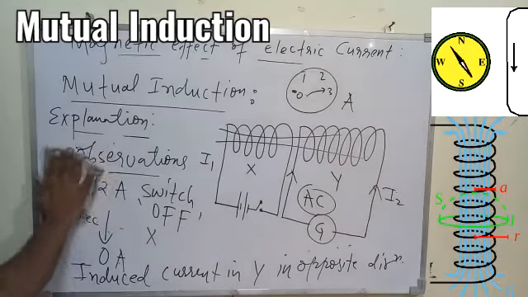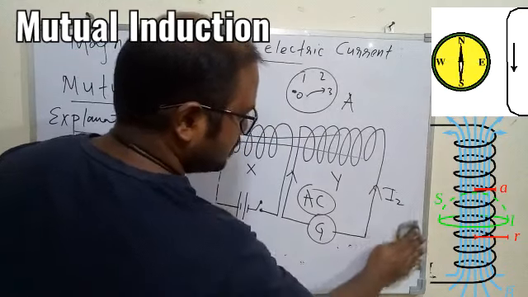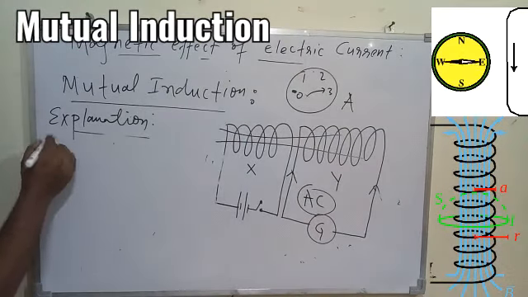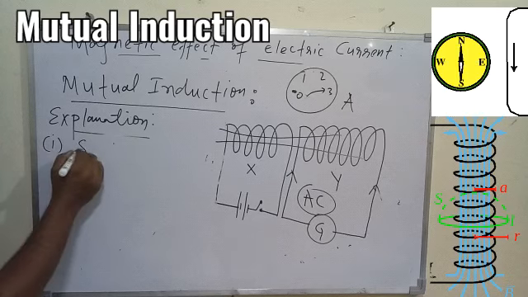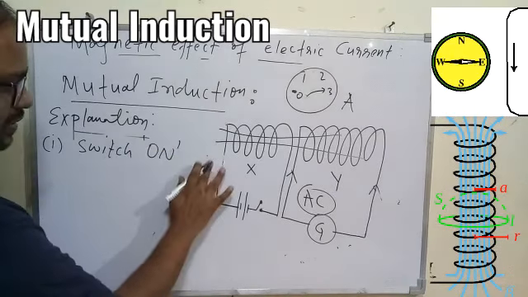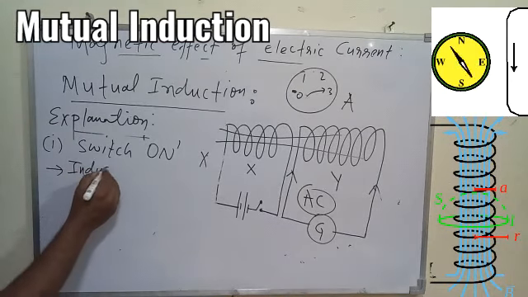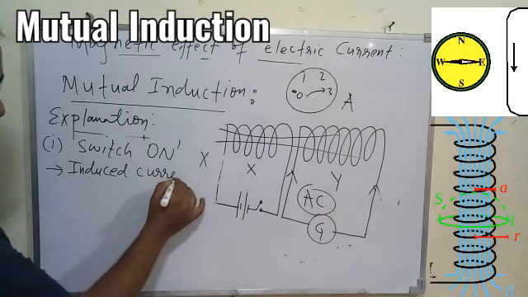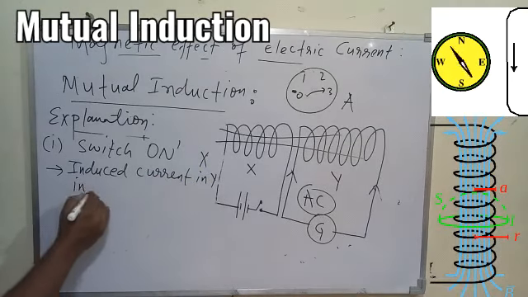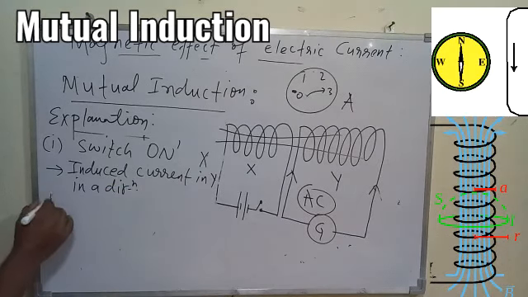So I am briefly writing the statement so that you will have clarity. I cannot write down the entire explanation because it will take much time. So the only thing I am writing here is, first, switch on X: induced current in Y in a direction when you switch it on.